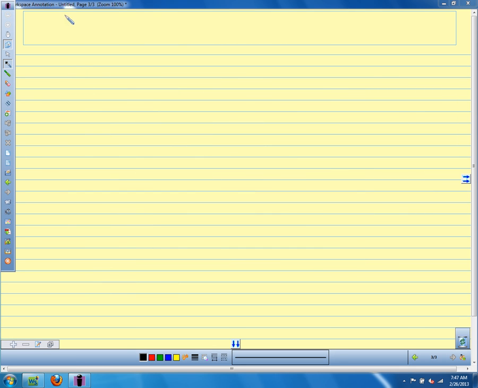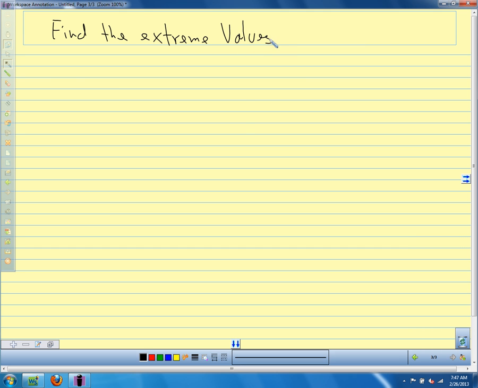So we're going to find the extreme values. We'll just do two examples. We're going to find the extreme values of our function in the particular region. So for this one, we have f of x, y equals (2x minus y) squared.